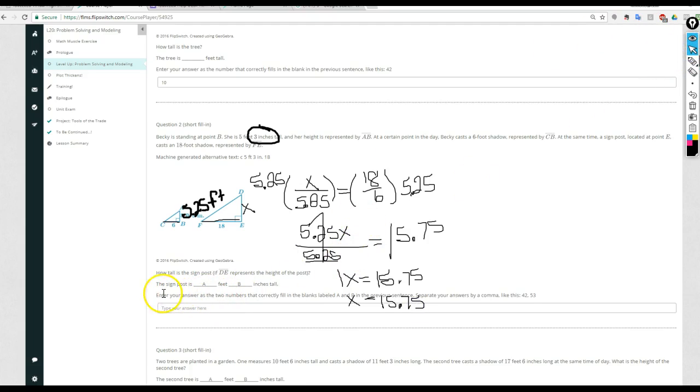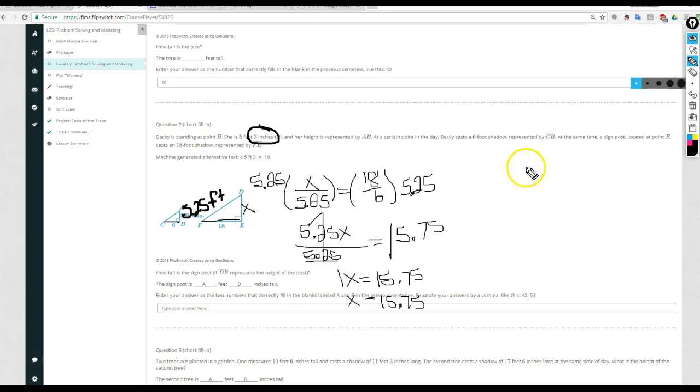Now it's asking, the signpost is blank feet, blank inches tall. Well, now I have 0.75, and I better remember that that's 0.75 of a foot. So we've got to convert the 0.75 back to inches.